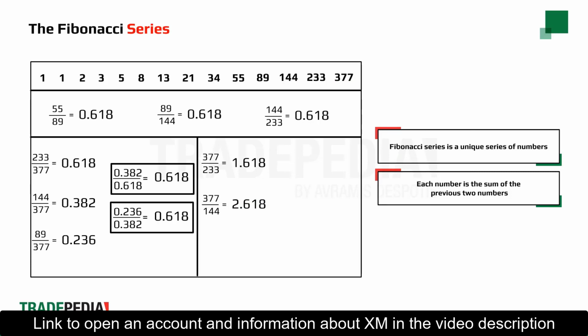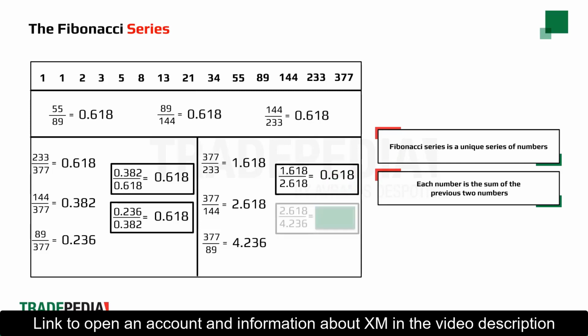And if we leave a third number in the middle and divide 377 by 89, we get 4.236. Again, the relationship between ratios continues, as 1.618 divided by 2.618 is 0.618, and 2.618 divided by 4.236 is 0.618 again.